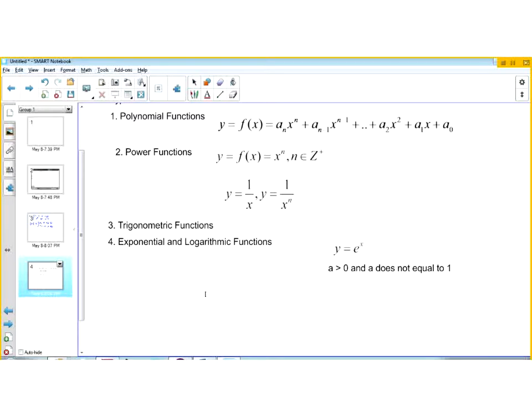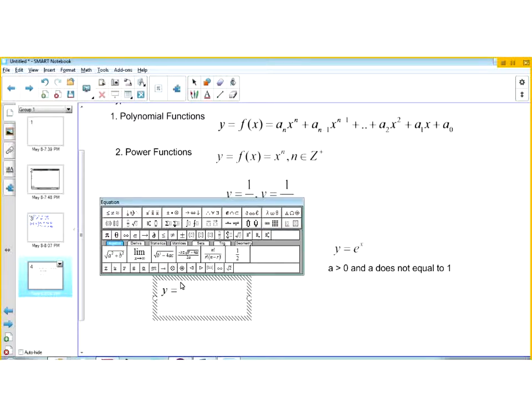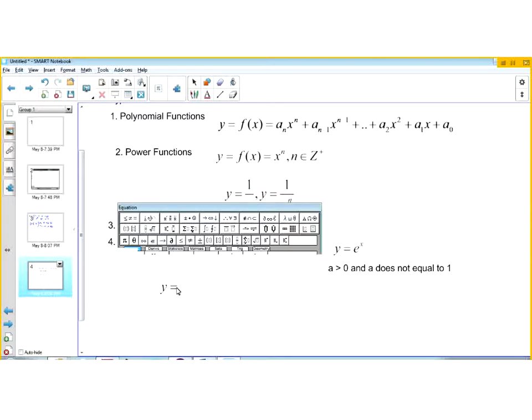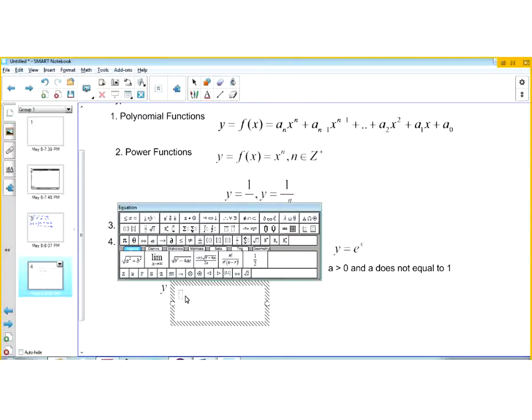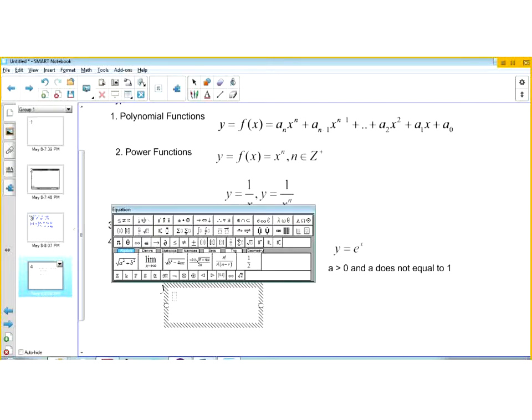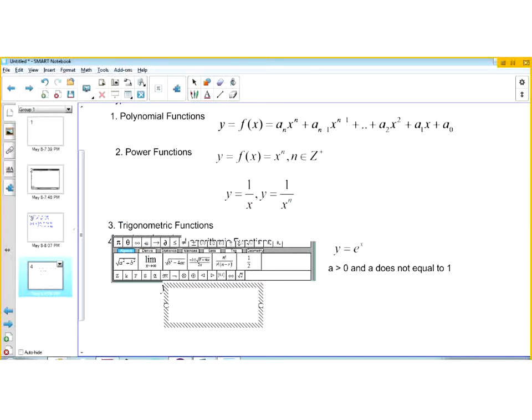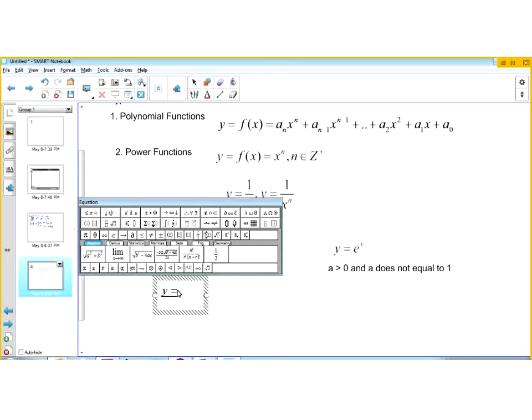And then the analog of exponential functions would be logarithmic functions. So y is equal to log. Let's see if I have a ready-made function. I'm not seeing one. So y is equal to log base a.